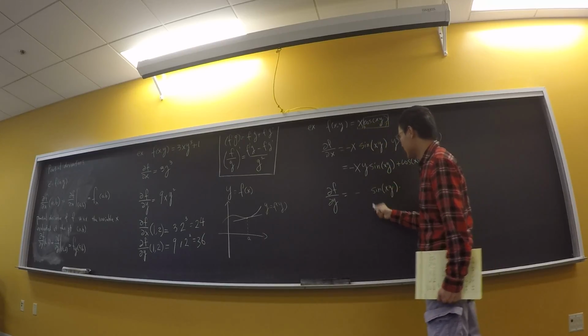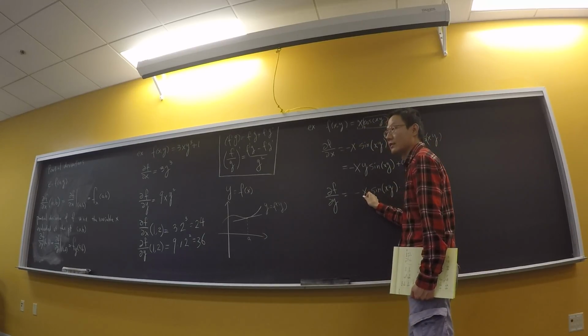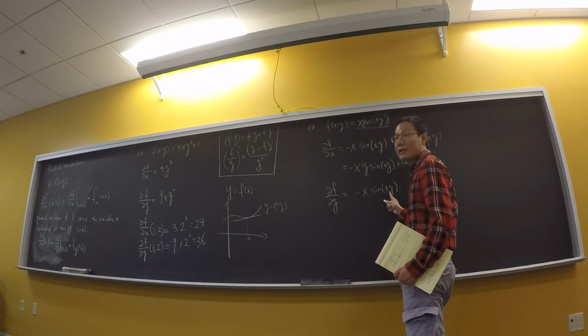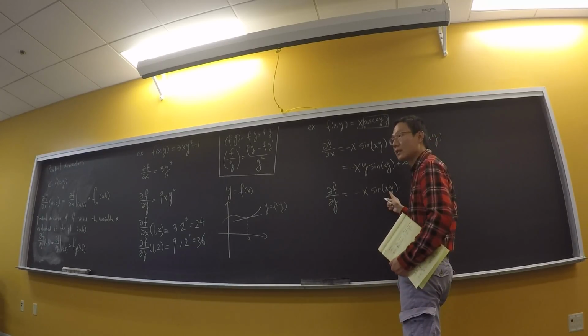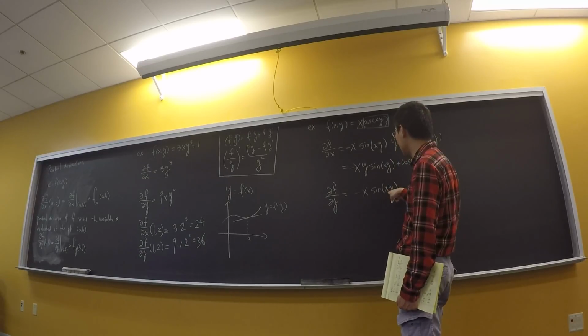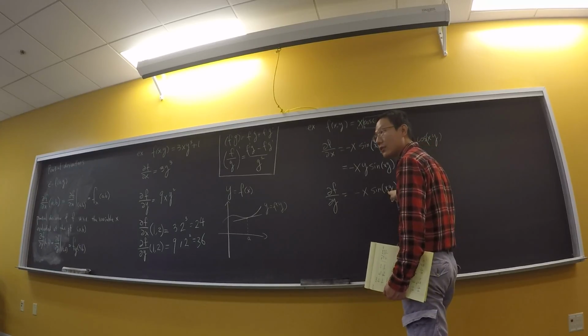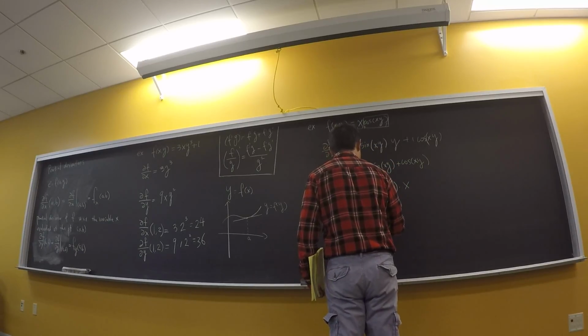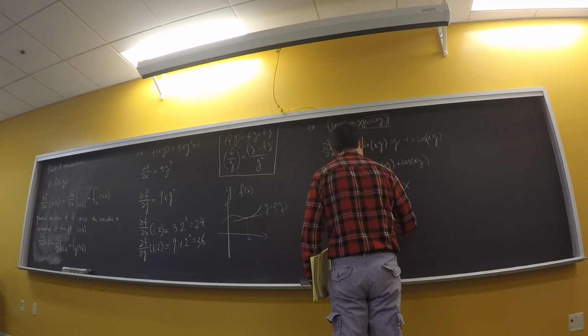X is the constant, so I still have to keep my constant in the front. And then going inside, which is essentially applying the chain rule, I'm applying the derivative inside with respect to y, I still have to get an x as the coefficient. Are you with me? So this is going to be minus x squared sine xy.